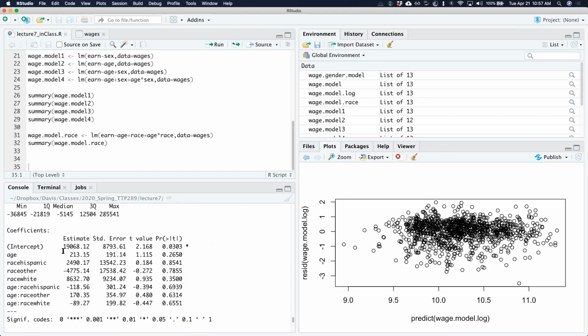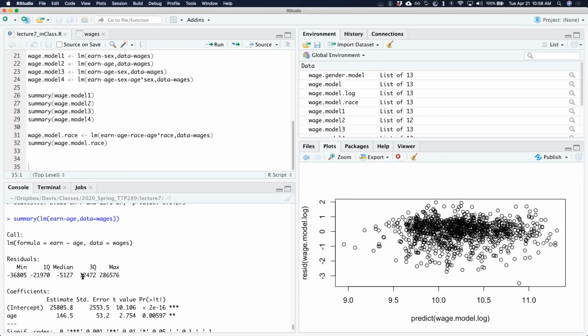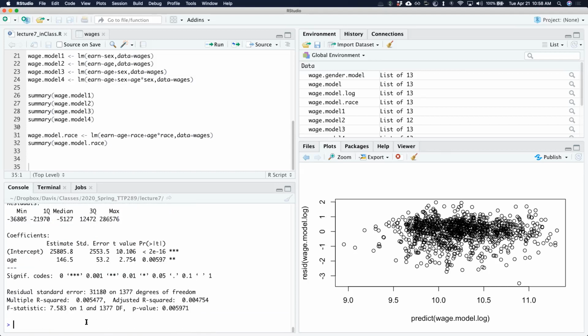Suppose you look at this model and you say age isn't significant, so I'm just going to pull that out. But if I were to run a regression with just age, it is significant. So what does that mean? Am I supposed to include it or not include it? You might run into this issue where you look at that first model and then you pull out age and you think now you're good, but if you ran it alone, it's clear that age does have some sort of influence.